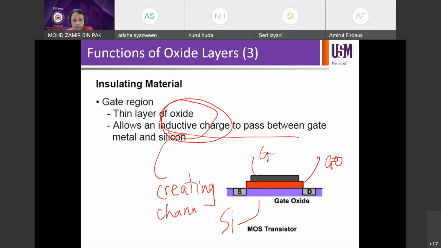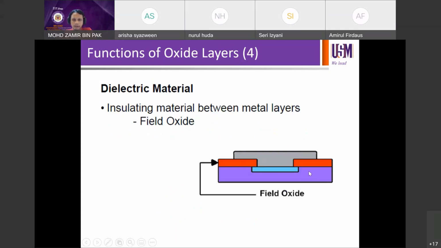Remember we talked about enhancement mode last time? Enhancement mode, MOSFET, for example. So if you talk about N-type enhancement, then it's going to be source drain of N-type, channel N-type, and you have to apply positive VG on the gate in order to start inducing formation of channel under the gate ox, right? So that's what it means by inductive charge, to pass between the gate and the silicon, right? The in between, the space in between is the channel under the gate ox, right?